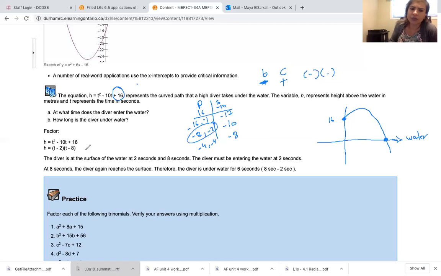All right, so basically this is telling me that the diver is at the surface of the water. Actually, this could be that he's going from here to here, and that he's going to go this way. And I did make a mistake. Why did I make a mistake in my previous graph? What did I not consider?